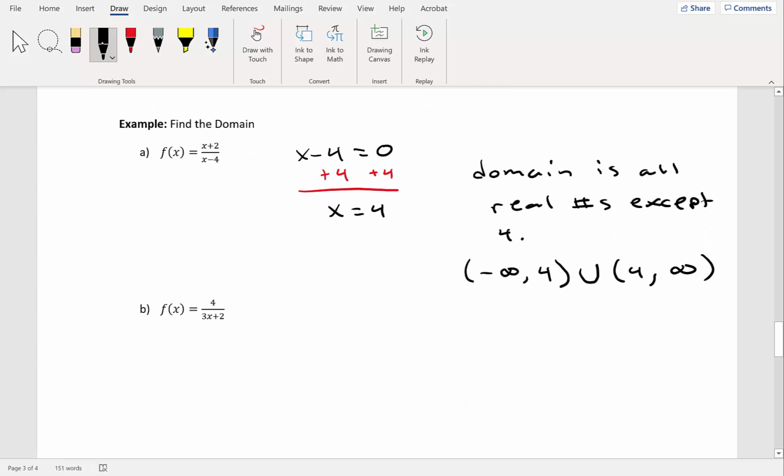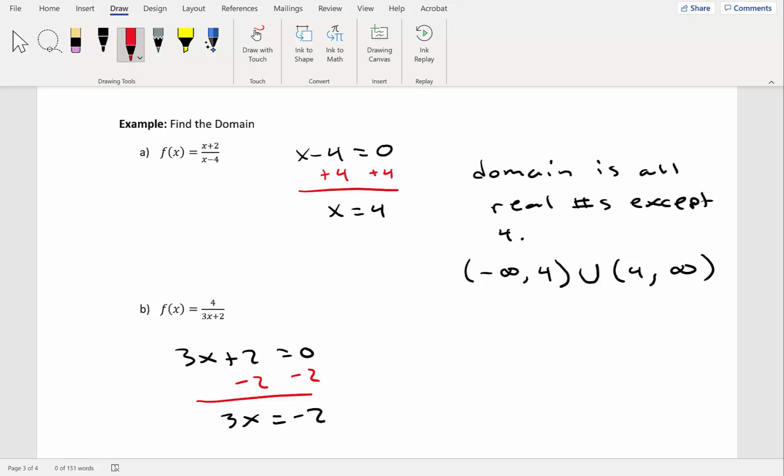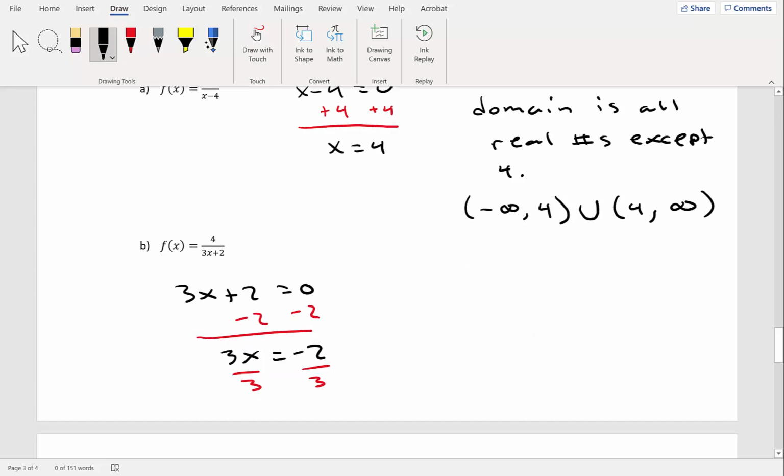Okay, next function, we have f of x is equal to 4 over 3x plus 2. So once again, we take the denominator, set it equal to 0, and now solve for x. So subtract 2 from each side, you get 3x is equal to negative 2. Go ahead, divide by 3. You get x is equal to negative 2/3.